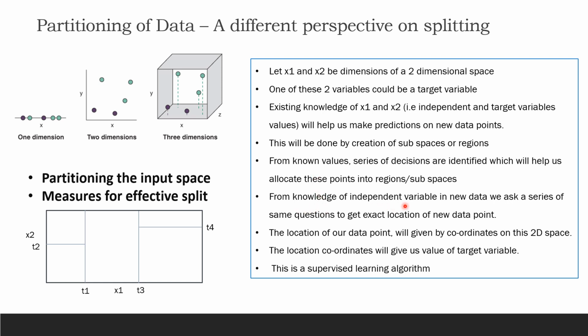So from knowledge of the independent variable and new data, if we have new data and we have this space and these independent variables. We said that let x2 be the independent variable and x1 be the target. So we have knowledge of x2 in that input space, and we need to know x1. If we can answer these questions, it's like a quiz.